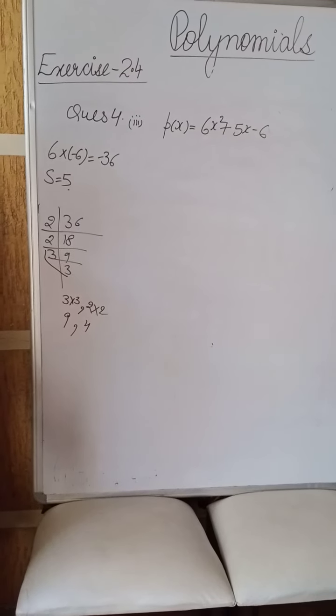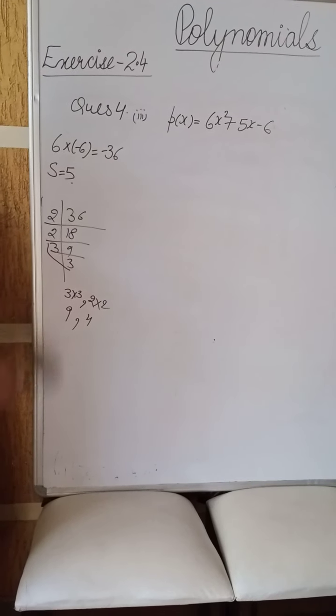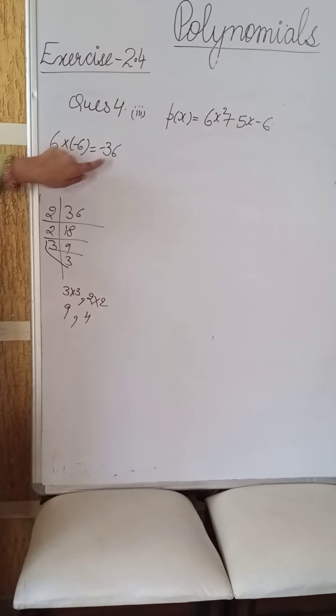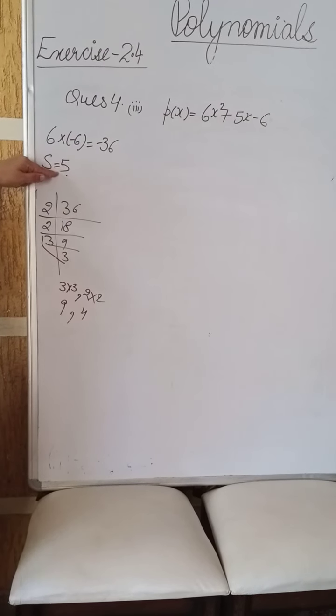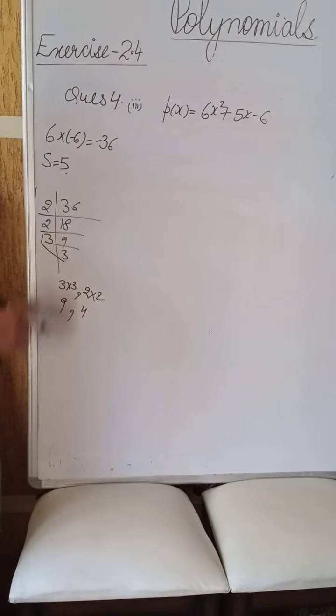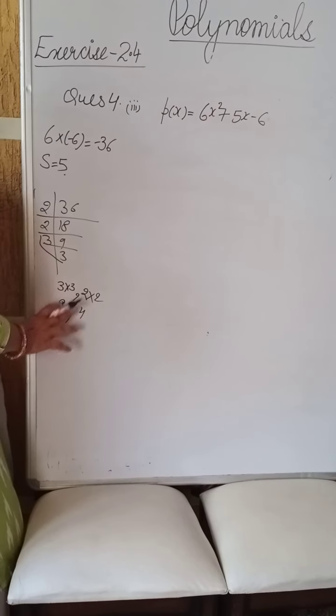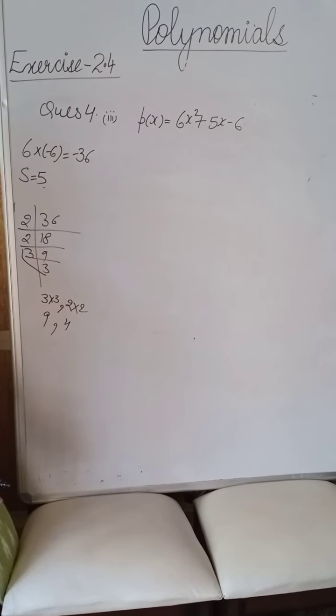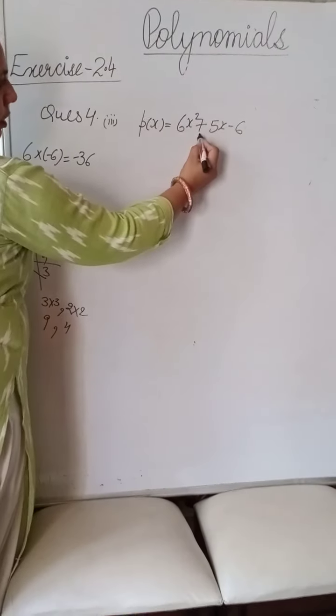But one more thing is here. We have to decide the sign of these two numbers. This is minus 36. This is plus 5. It is clear that one term will be plus and one term will be minus. So how can you decide this? Check this term. This is plus.